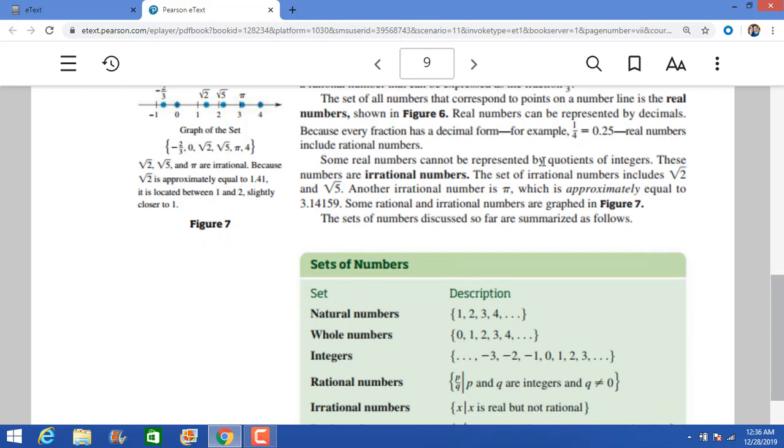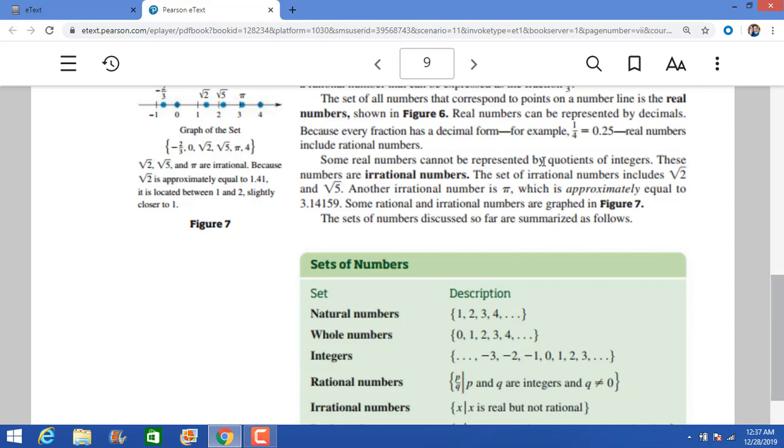Okay, so real numbers can be represented as decimals because every fraction has a decimal form. For example, 1/4 is equal to 0.25. Real numbers include the rational numbers, so think about a set inside of another set. Some real numbers cannot be represented as quotients of integers.